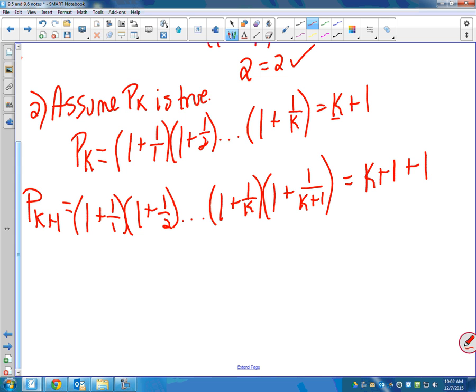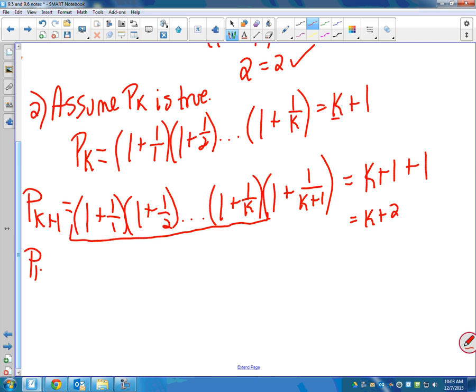And again, what's my goal here? My goal is to make this side equal this side. This side's the easy side again. That's just k plus 2. Okay. This side's not so bad now, because we know every time, we know what 1 plus 1 over 1 times 1 plus 1 over 2, dot, dot, dot, times 1 plus 1 over k, we know that's just P sub k.